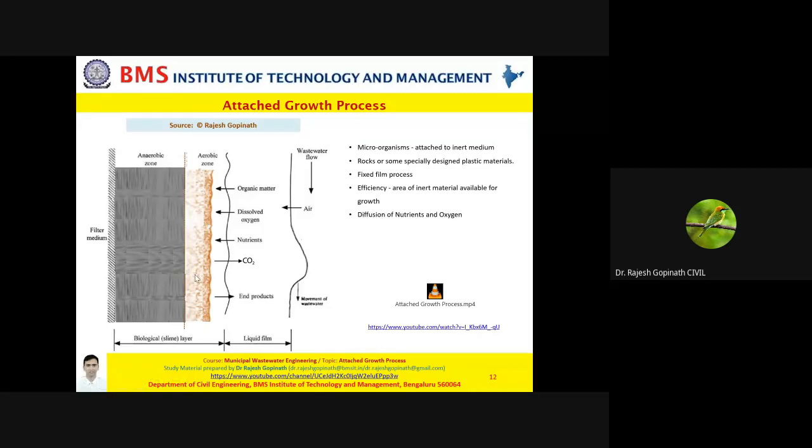Please note the diffusion of nutrients in the liquid mass towards the microbial film, that is the diffusion of nutrients from here into this. It will continue until it is utilized by the microorganisms. So in simple words, I can say that the rate of diffusion is directly proportional to the microbial activity.